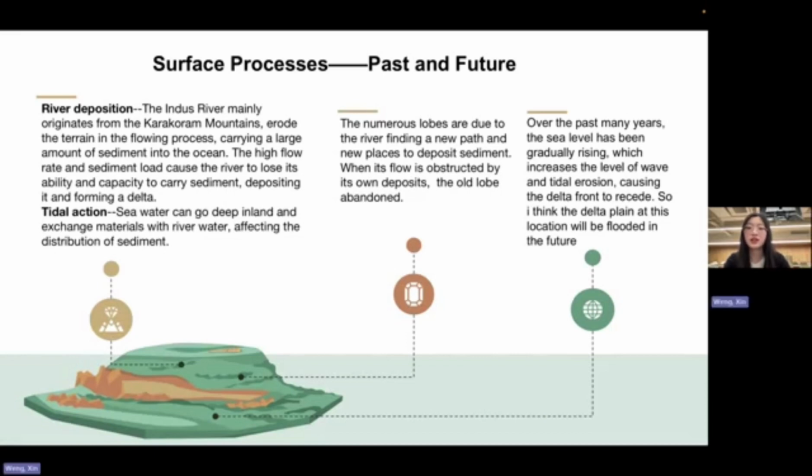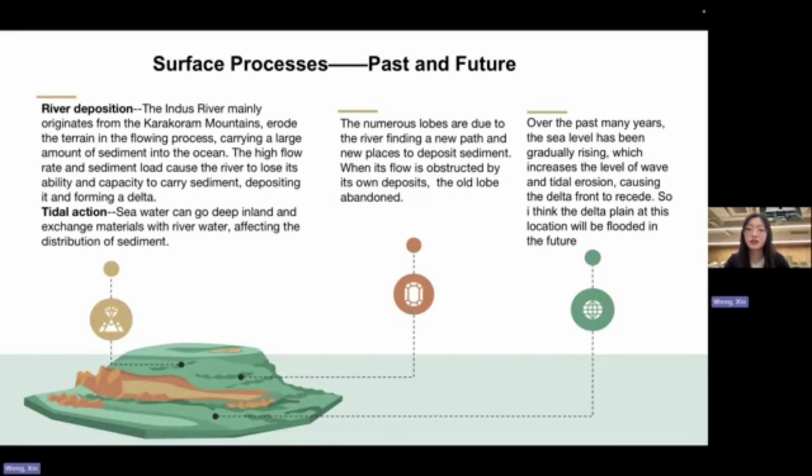The numerous slopes are due to rivers finding a new path and a new place to deposit sediments and abandoning old loops. Tidal action is an important surface process. Seawater can go deep inland and exchange materials with river water, affecting the distribution of sediments.